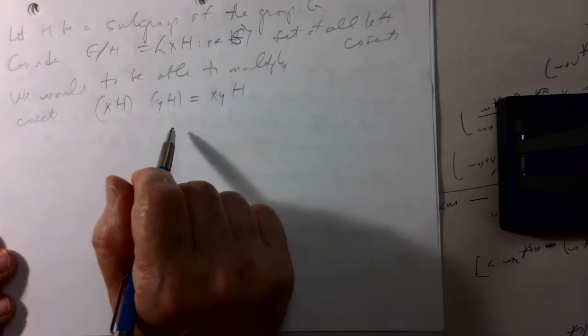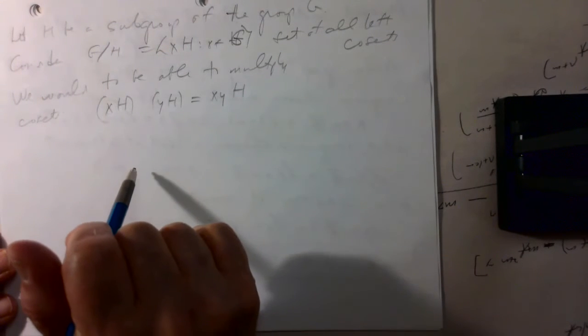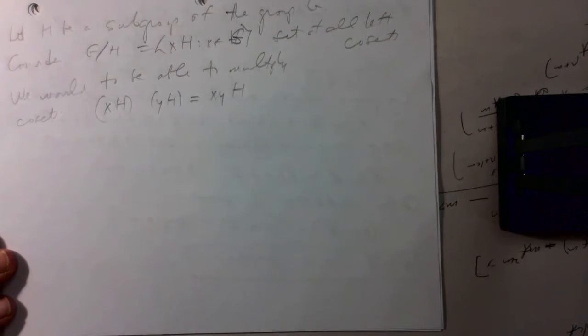So this has to be well defined. It means it's independent of what representative of the coset you choose. And then it has to be associative, there has to be an identity, and there has to be an inverse. And so we would like to be able to do this, but it's not always possible.